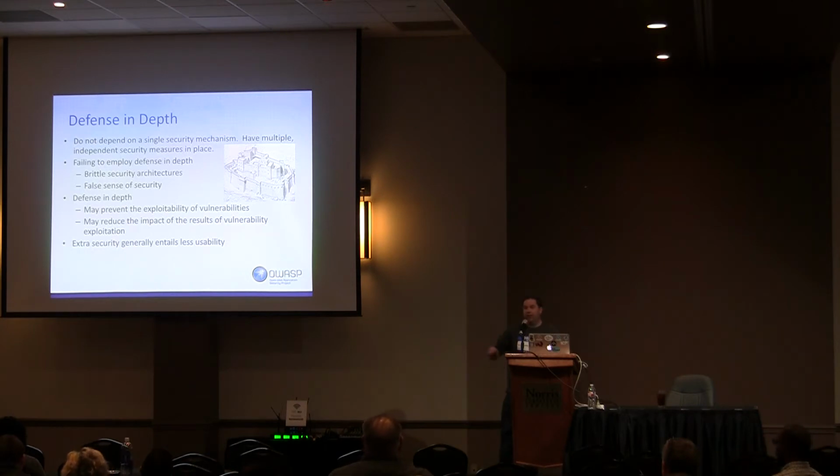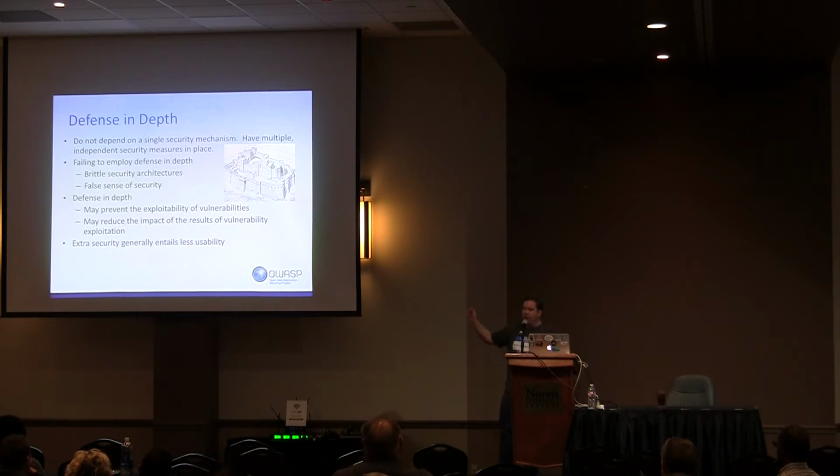And if somebody can get that data, like what happened with the state of Texas, now they have access to social security numbers and names and addresses, right? But if we encrypted that file as a form of defense in depth, now it doesn't matter if they were able to download that file, because they still need the encryption key to decrypt it. So multiple layers of defense means that we're in a better place.